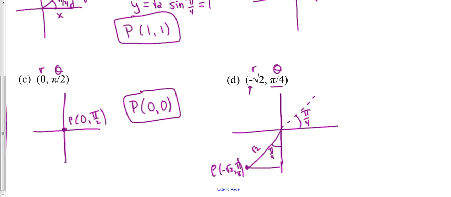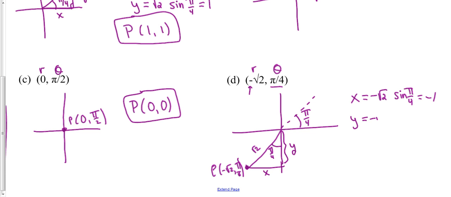And again, I know that this is going to be my x coordinate and this is going to be my y coordinate. And I can read these off of my triangle again because x and y will be the legs of a right triangle. So I'm going to say that x is going to be equal to, in this case, negative radical 2 times the cosine of pi over 4, and that's going to give me negative 1.